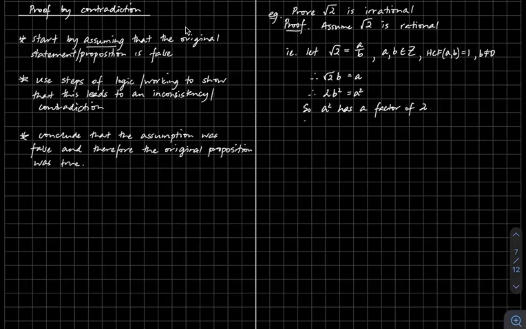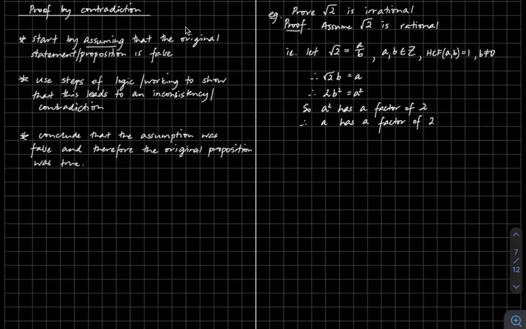And we know that if a squared is even, the only way we can square an integer and get an even number is if the number itself is even. So therefore a has a factor of 2.